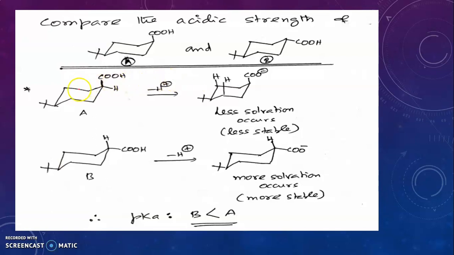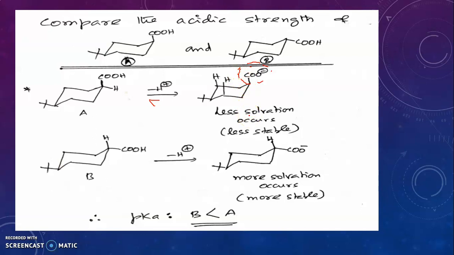So when you take the cis acid and it loses H plus, this is a reversible arrow, you will get a carboxylate ion, but now the carboxylate ion is present in the axial position. This carboxylate ion is stabilized by solvation, but if solvation occurs, the solvated ion size will increase, which will give more steric crowding.